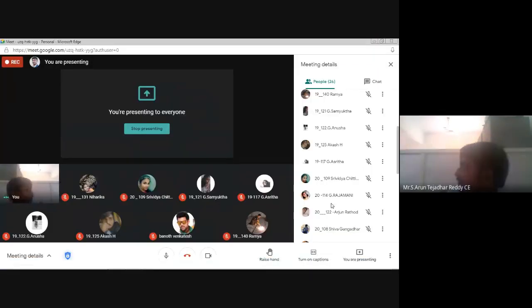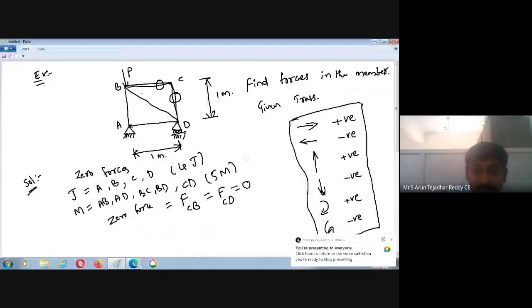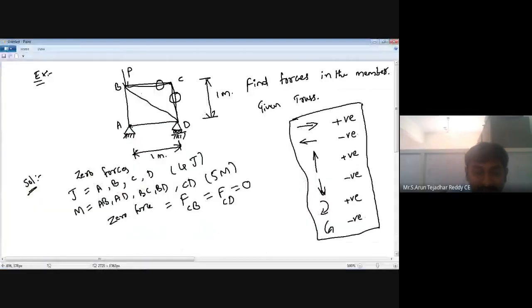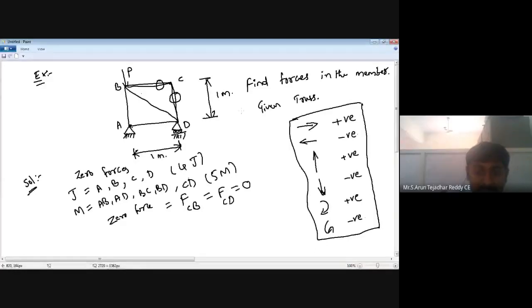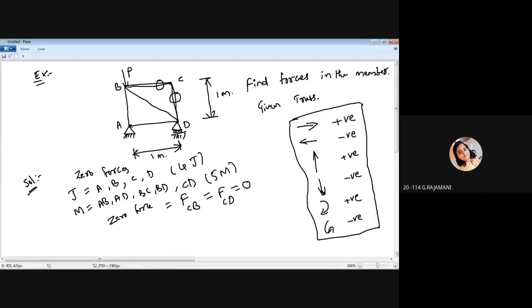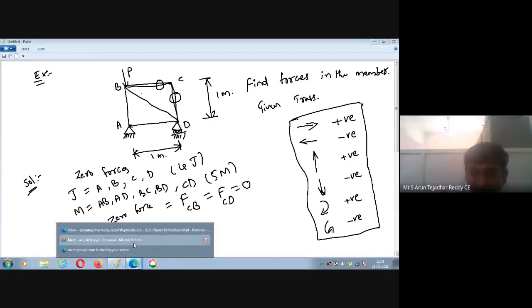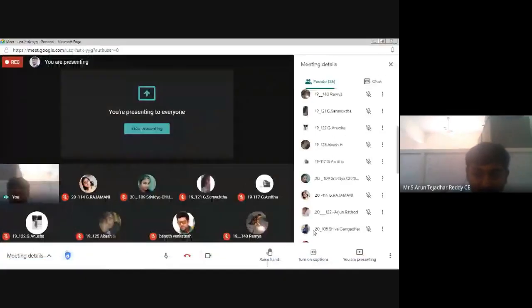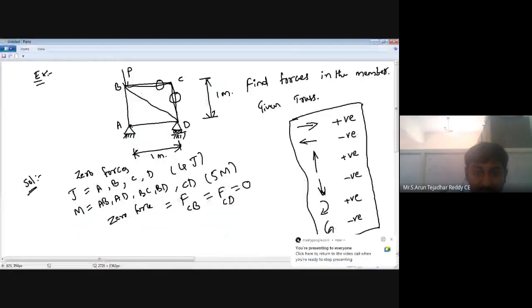114 Rajamani. Sir, it is collinear, sir. Which one is collinear? Sir, joint C. It means CB and CD are collinear. Wait. 122 Arjun Rathod. See, I am saying CB and CD are 0.